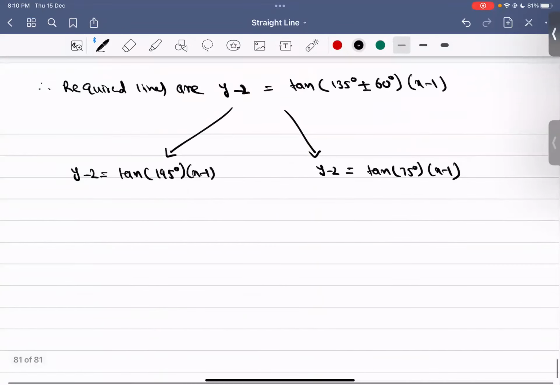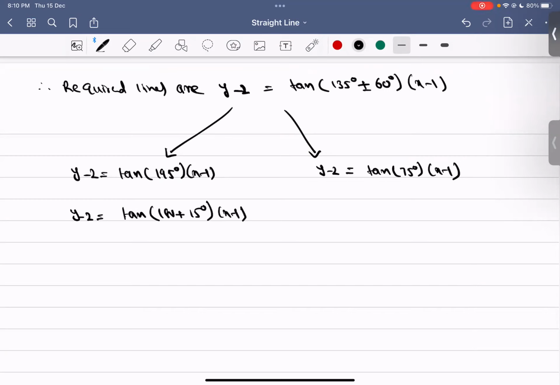Now, y minus 2 equals tan 195, which can be written as tan of (180 plus 15) degrees into (x minus 1). And tan 75 degrees can be written as tan of (90 minus 15) degrees into (x minus 1).